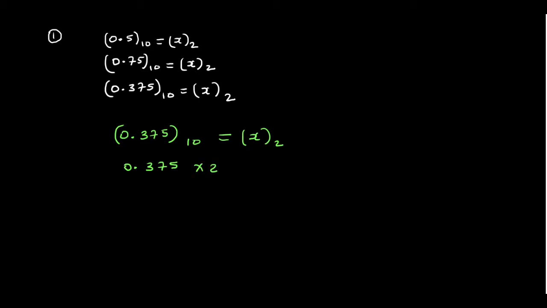Once you multiply by this, what you get? You will get 0.75. Out of this, before the point what is there, that is the integer. And after point what is there, this is the fraction.